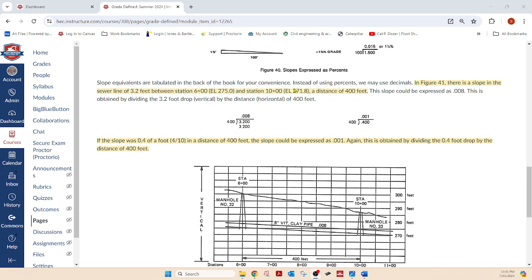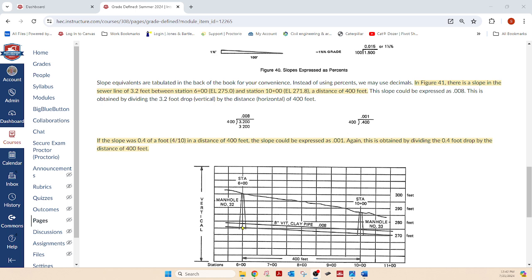Elevation 275 is right here, and 271.8 will be right here.